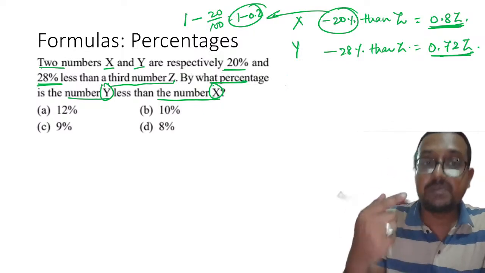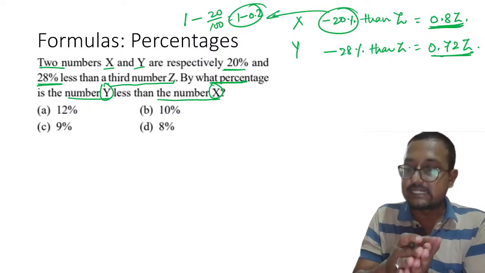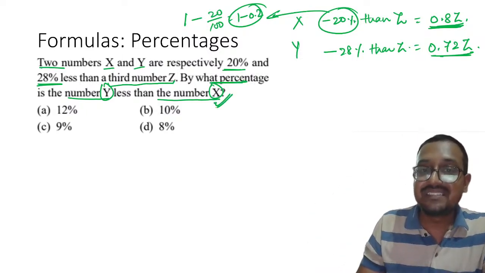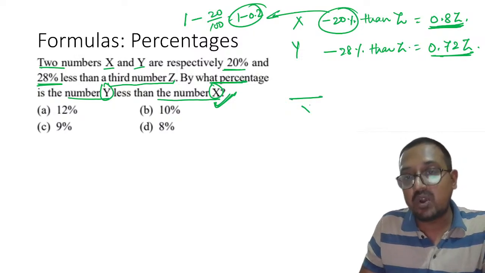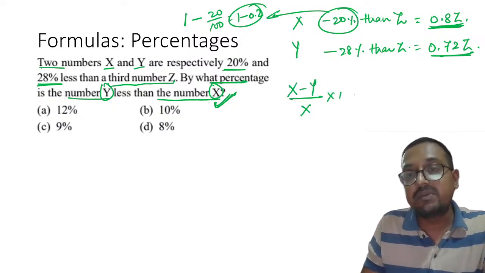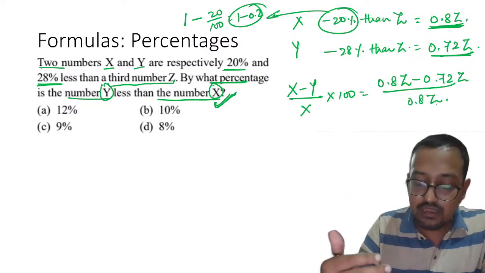Now what they are asking, by what percentage number y is less than number x? So my dear students, please remember you have to find the percentage of difference with respect to x. Please remember x. That is the important part. So at the bottom will be x, at the top it will be x minus y. So that will be equal to 0.8z minus 0.72z upon 0.8z.